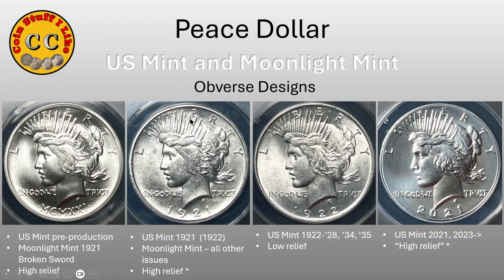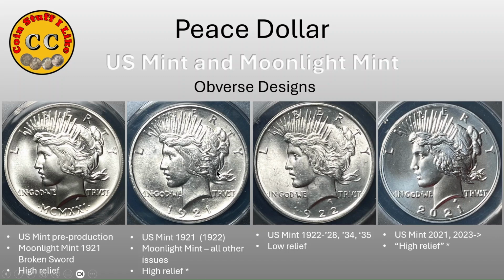Now, if you look here, the one naked eye way of telling high relief from low relief is looking at this ray that comes up to the crossbar of the E. High relief is typically the design where that ray ends at the crossbar of the E. All right?